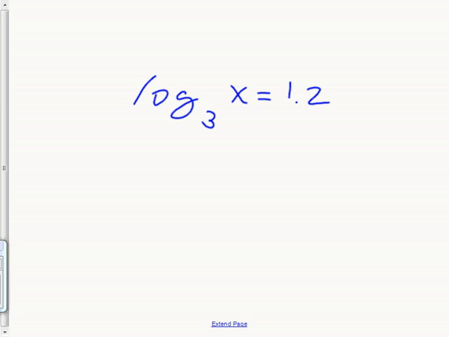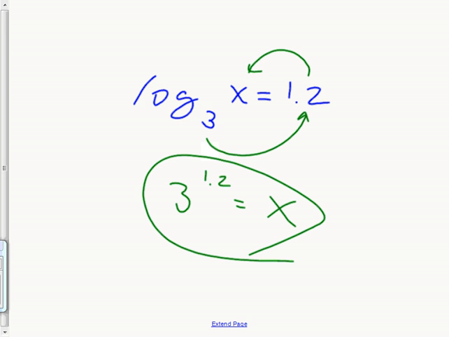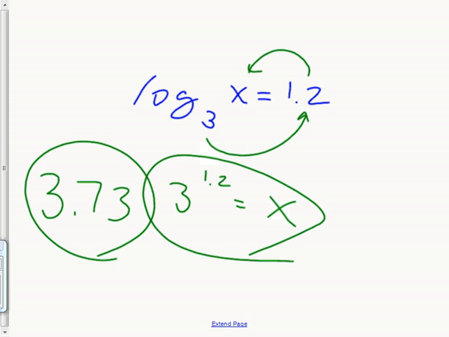Did you rewrite this as 3 to the 1.2 is x? That's what you should have done, and then you realized, oh, I just put 3 to the 1.2 power. And what did you get? 3.73. All right, cool. That means if there had been a 3.73 here, log base 3 of 3.73 would be about 1.2.